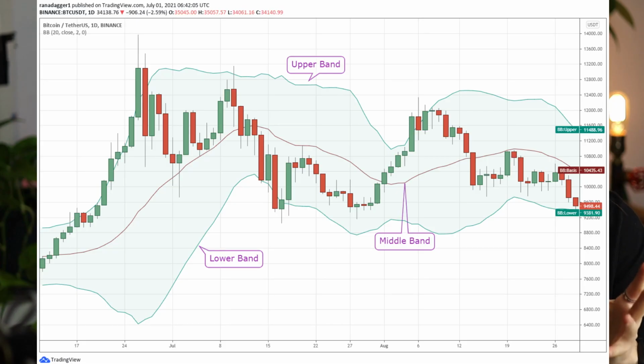When the price of an asset moves towards the upper band, it is considered overbought, meaning that the price may have risen too far too fast and could be due for a correction. Conversely, when the price moves towards the lower band, it's considered oversold, meaning that the price may have fallen too far too fast and could be due for a bounce.